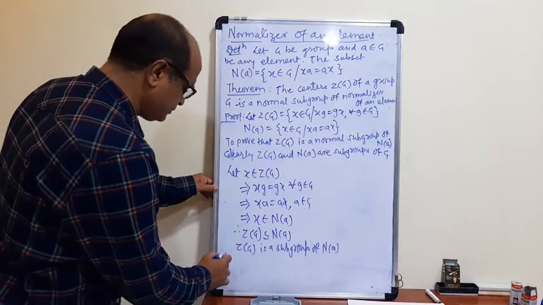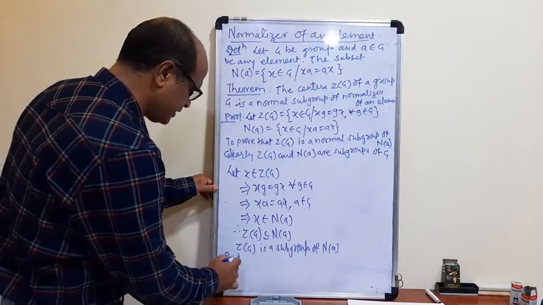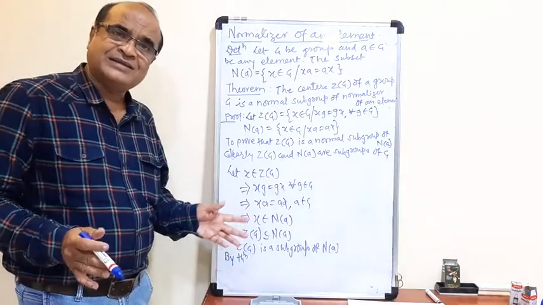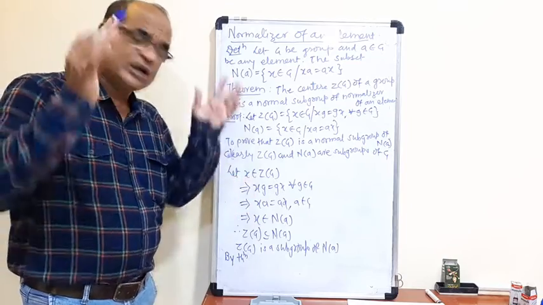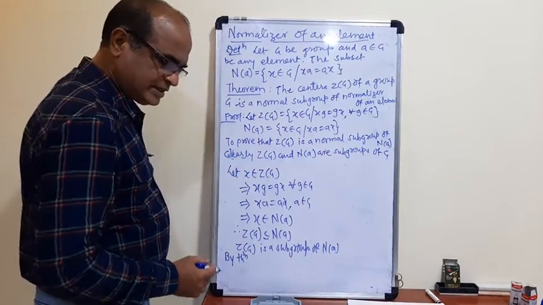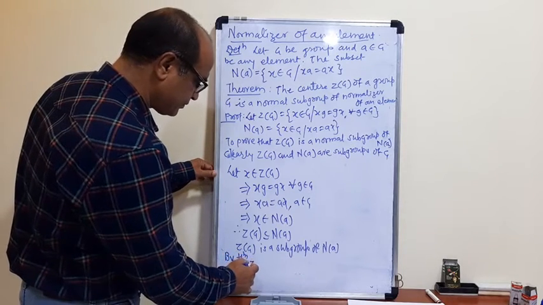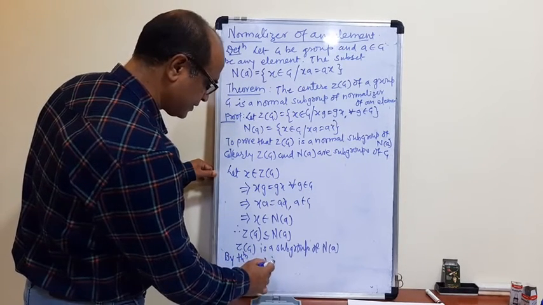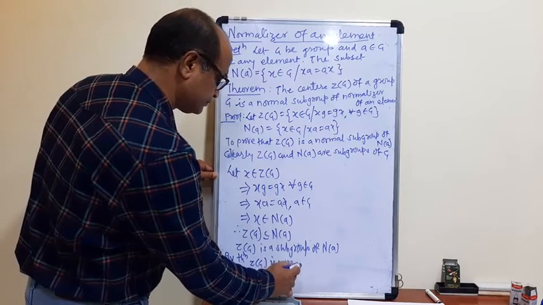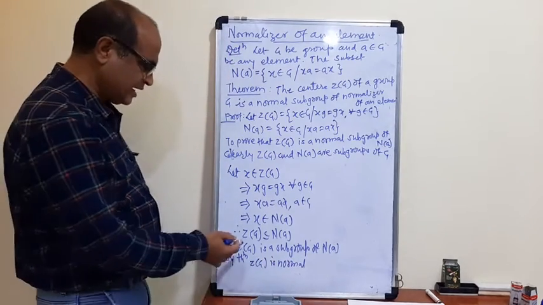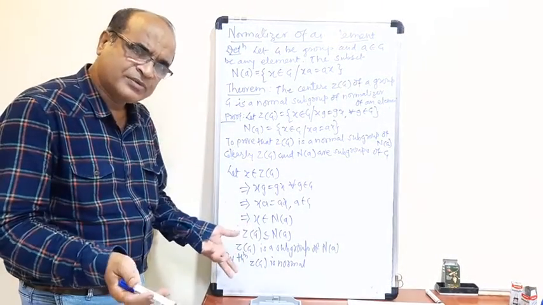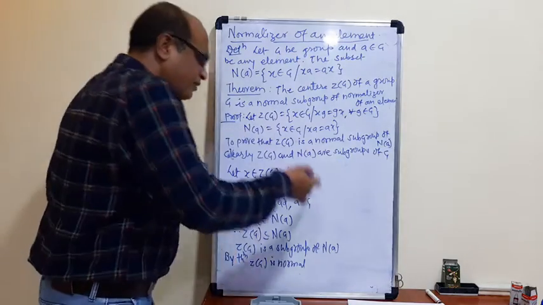So by the previous theorem, ZG, the center of G, is a normal subgroup, and it is a subgroup of NA.